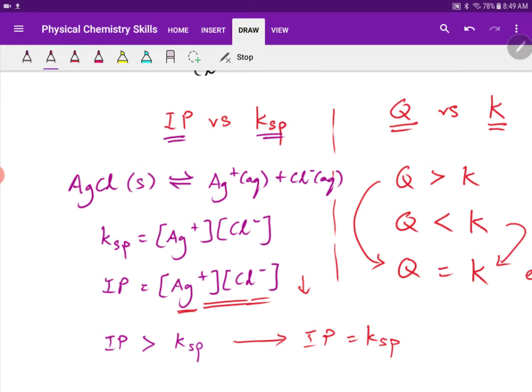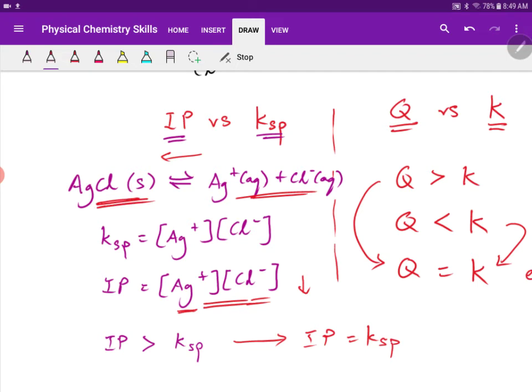To decrease these two, the position of equilibrium has to shift to the left hand side. That is the main idea that we are looking for. So this is the first thing that we will realize: when IP is bigger, it will shift to the left, therefore it leads to precipitation.